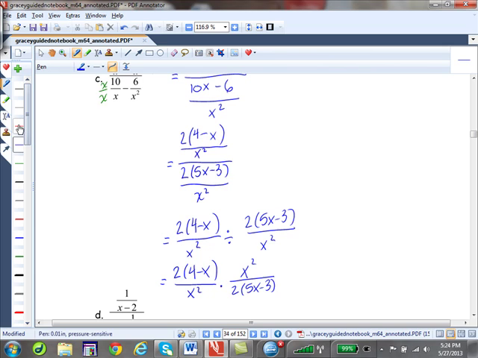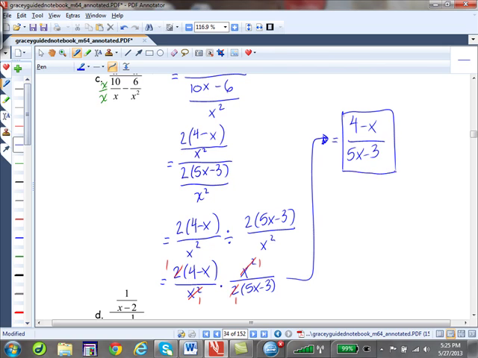Like so. The x squareds divide out to be 1. The 2's divide out to be 1. So at the end of the day, we'll get a result of (4 minus x) over (5x minus 3), and we're all done.